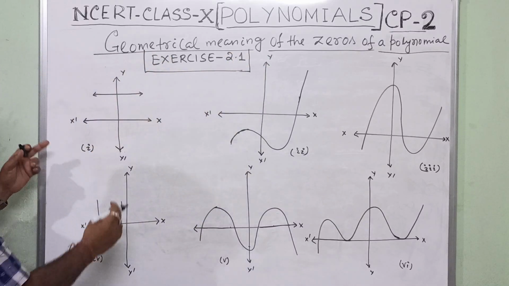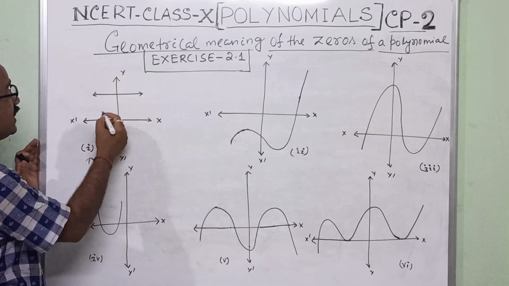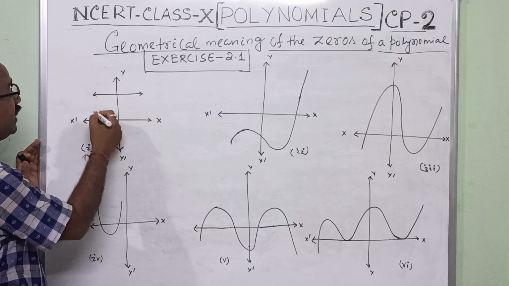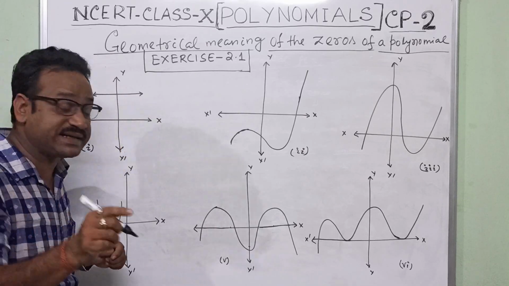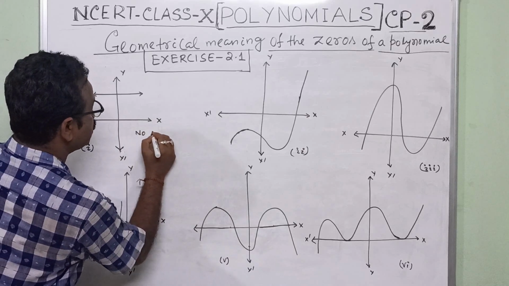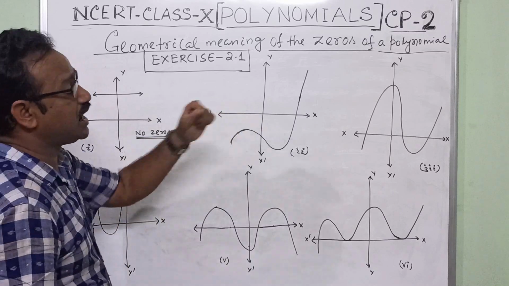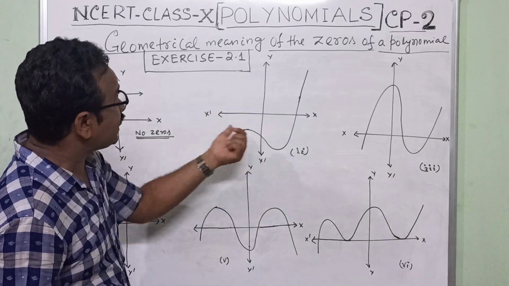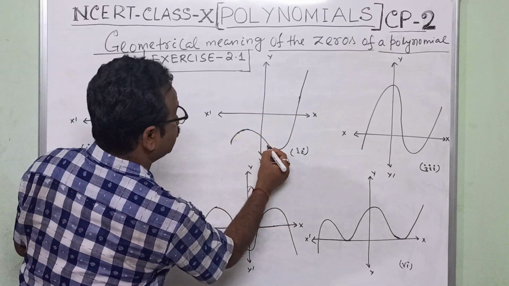In part i, is there any intersection with the x-axis? No, there is no intersection with the x-axis. So no zeros. Now come to part ii. At how many points does the graph intersect the x-axis?